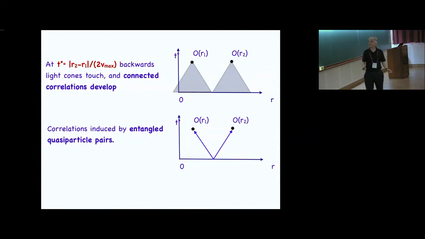Because now this spatial region here can affect both this operator and that operator. And then connected correlations start to develop. The factor of 2 simply comes from the fact that you have two backward light cones, and the condition for connected correlations to develop is when they overlap. So that's the origin of the factor of 2.